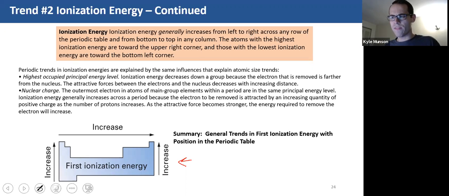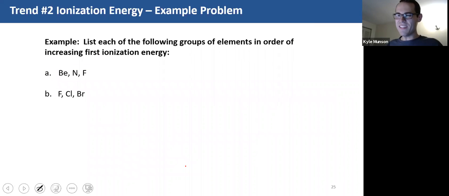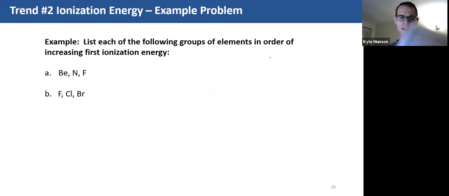Okay, so that's maybe a lot of words. Let's do some examples. List each of the following groups of elements in order of increasing first ionization energy. So again, you could write them out as they would appear in the periodic table. Actually the first one is already written out. They're all in the same period, the same row, in this order: beryllium, then nitrogen, then fluorine.